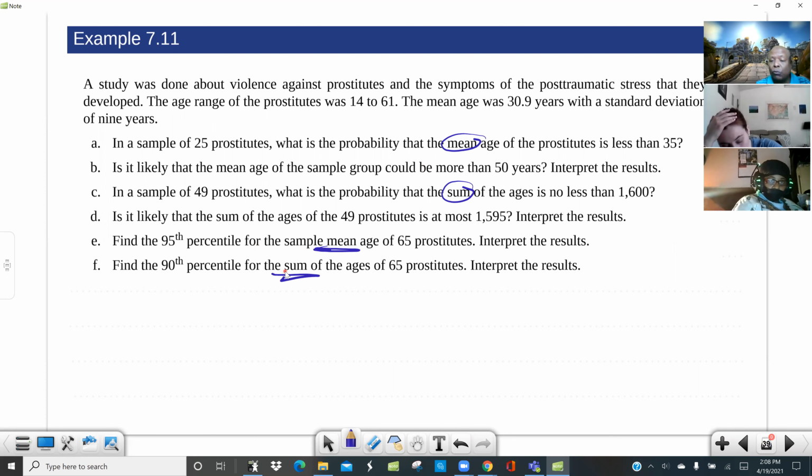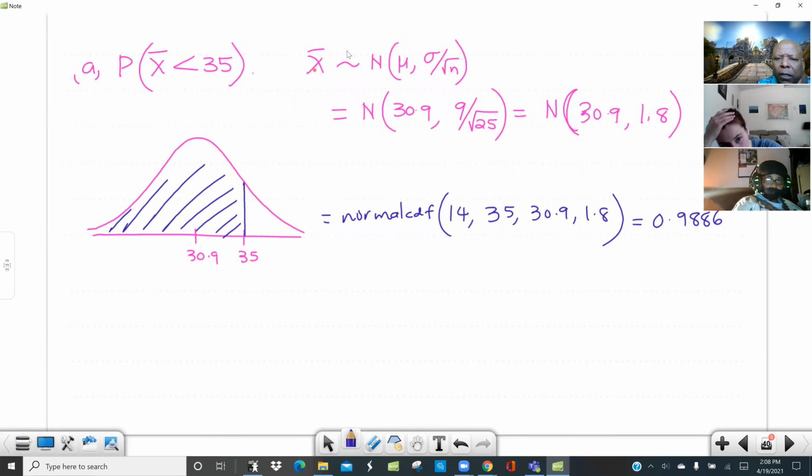So the same stuff that we're talking about is back here. I first of all build up my normal distributions. The sample means follow a normal distribution with the same mean as the population, but the standard deviation is scaled like that. So the mean is 30.9, the standard deviation is 1.8. And I want to go to the left of 35 because this is what it's talking about.